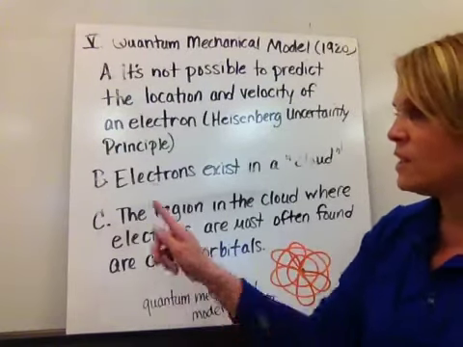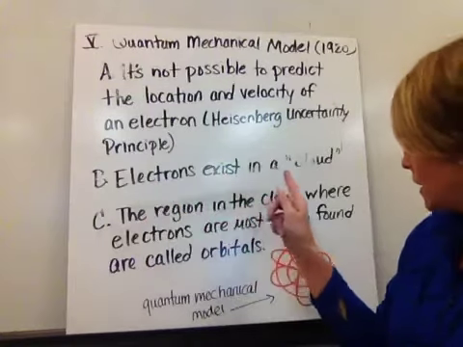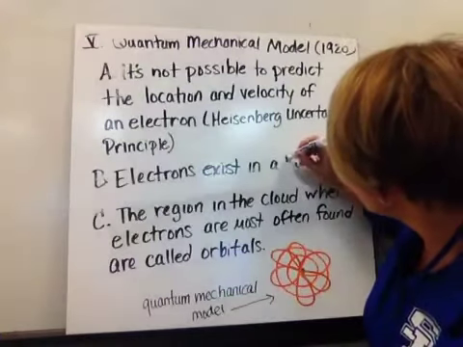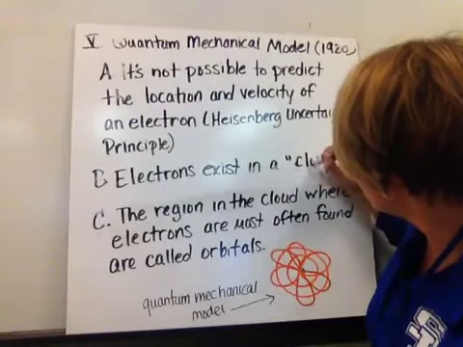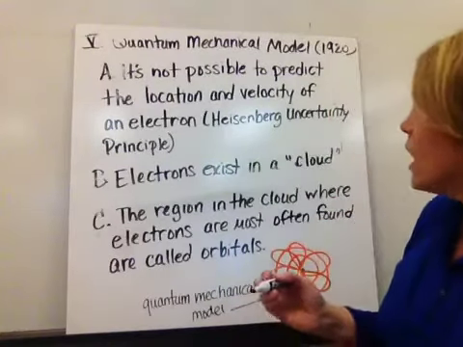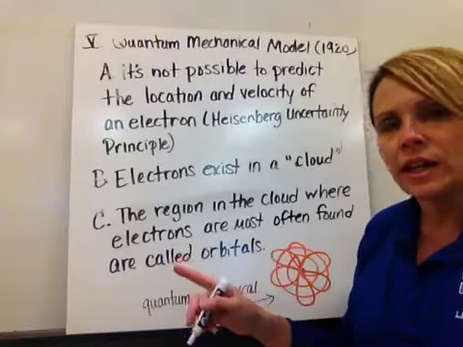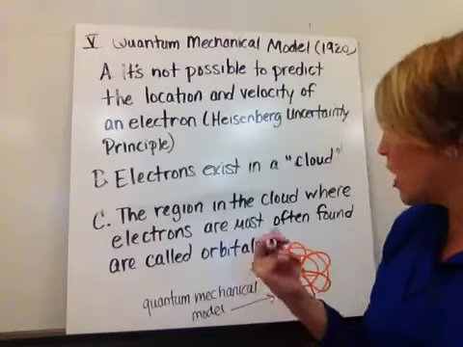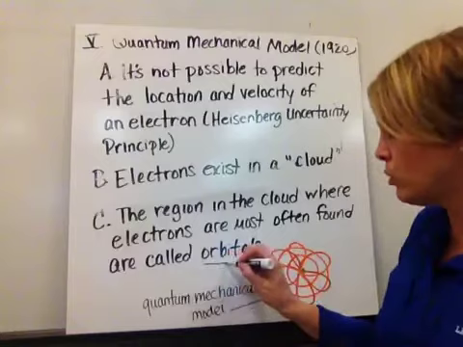In this case, electrons exist in a cloud. Let me write this in a little bit because it got smudged. So electrons exist in a cloud, and sometimes you've heard that called the electron cloud. But specifically, the region in the cloud where electrons are most often found are called orbitals.